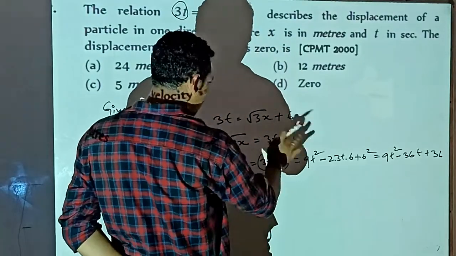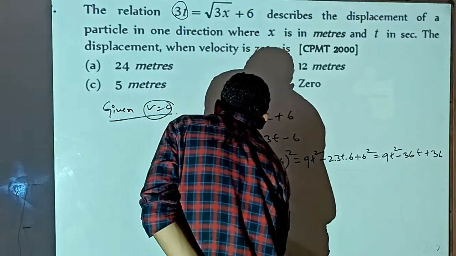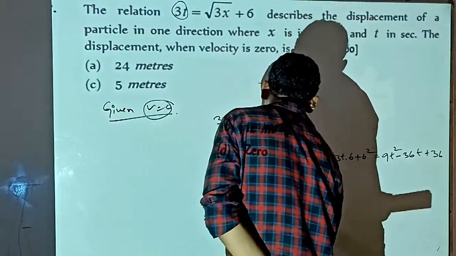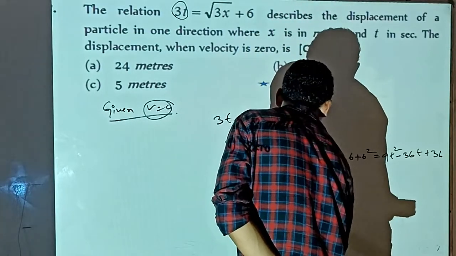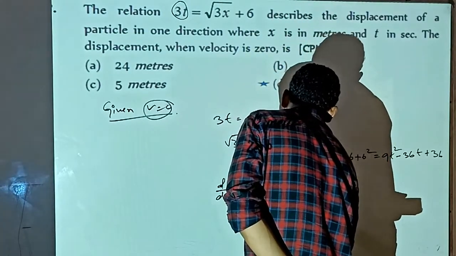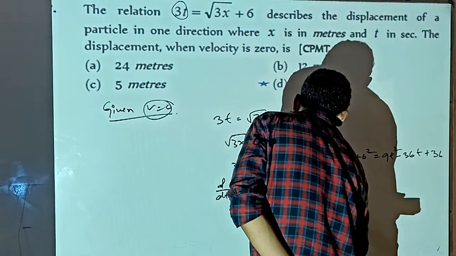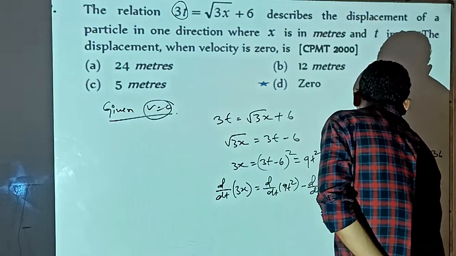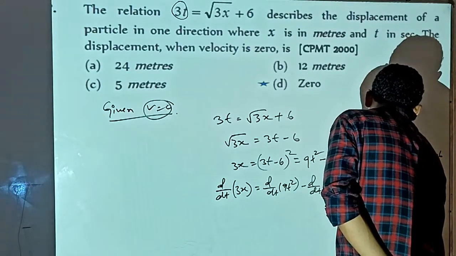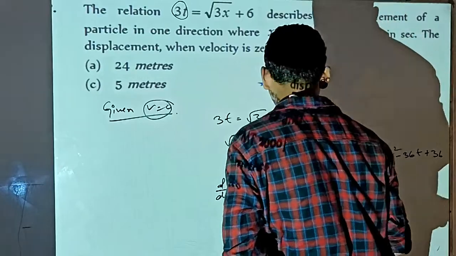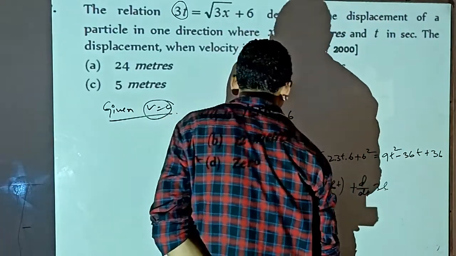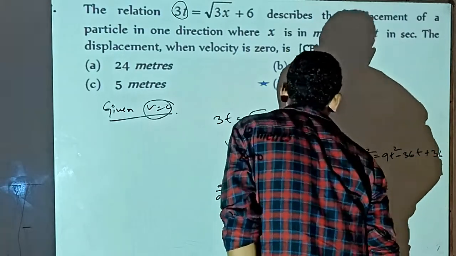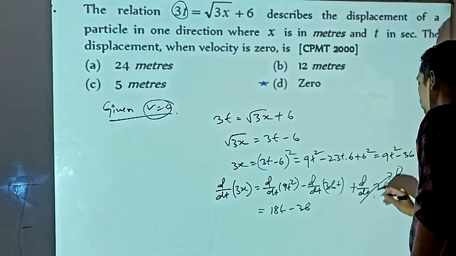If we differentiate this equation with respect to t, then we can write d/dt of 3x, that will be d/dt of 9t² - d/dt of 36t + d/dt of 36, and that becomes 18t - 36.